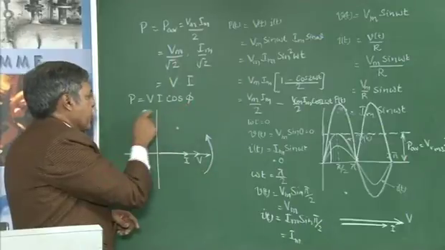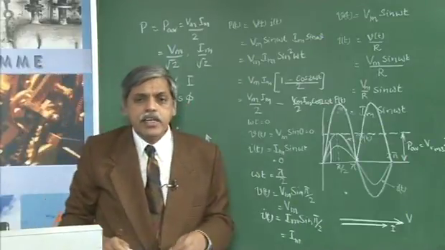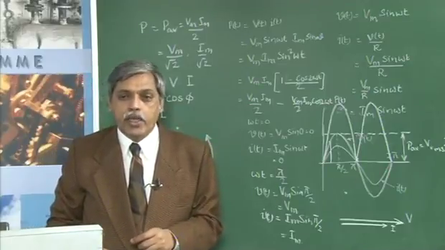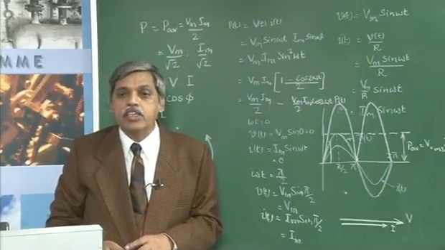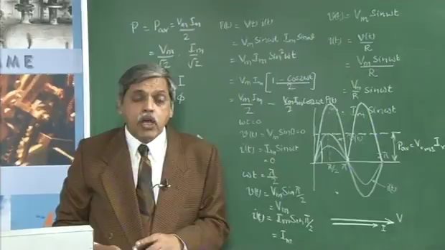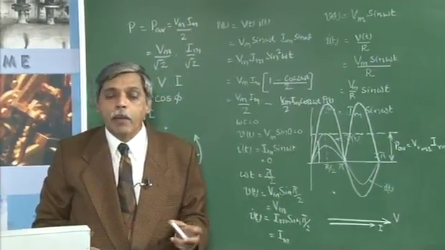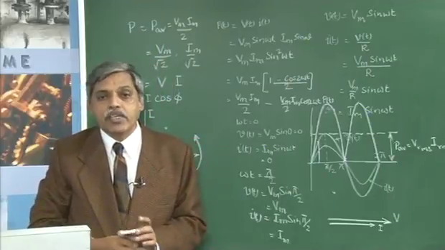Phi is equal to 0, therefore this also gives us VI. In yesterday's class I told you that in AC circuits, the product of V into I, which is the RMS value of the voltage and RMS value of the current, is called apparent power. Because for the pure resistor the power factor is 1, I say the apparent power and real power both are equal in the case of pure resistor.